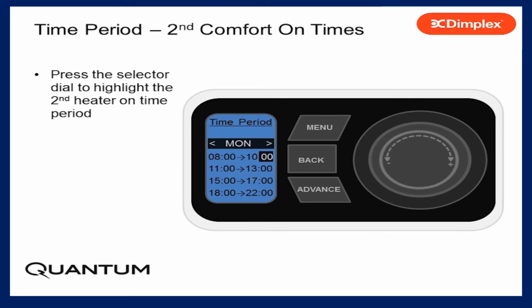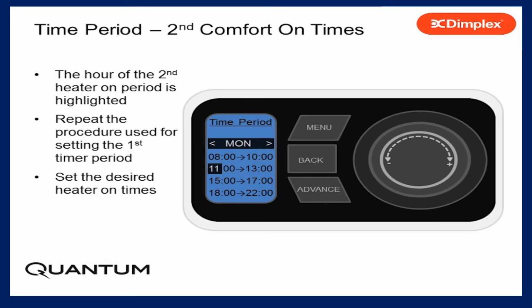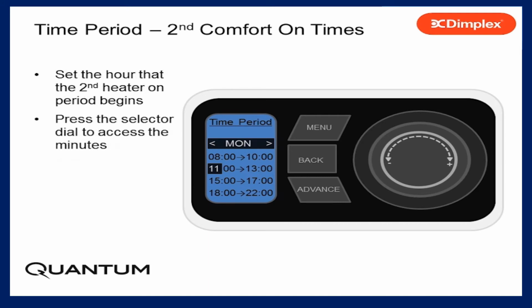Press the selector dial to highlight the second heater on time period. The hour of the second heater on period is highlighted. Repeat the procedure used for setting the first timer period and set the desired heater on times. Set the hour that the second heater on period begins and press the selector dial to access the minutes.